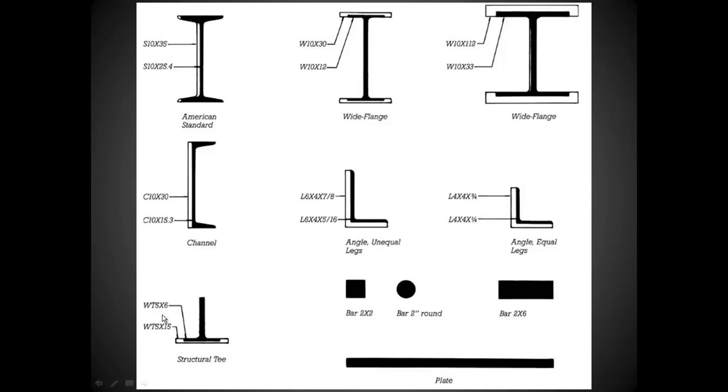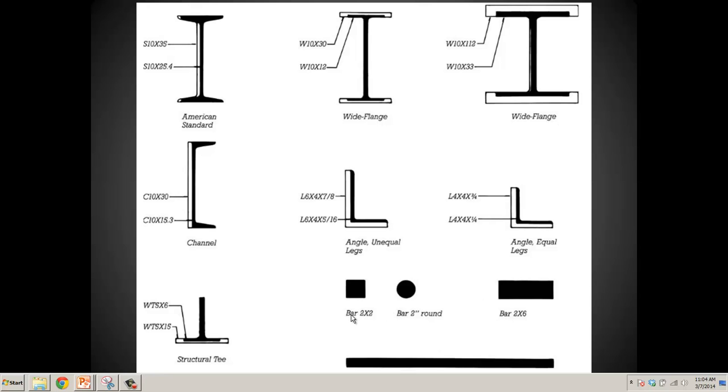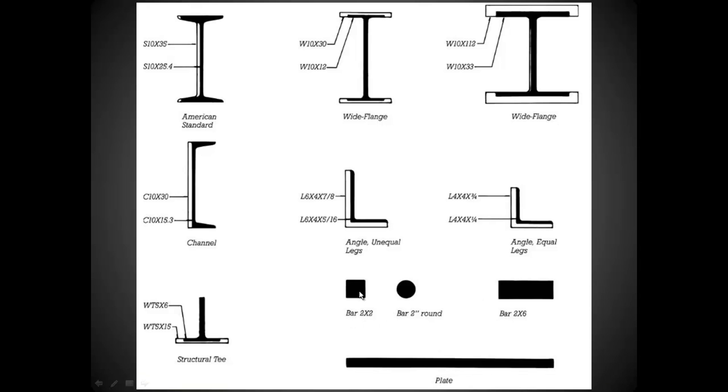Structural T, which is basically half of a wide flange beam, and you can see it has a WT designation. We have our basic plate steel, our bar steel, our round stock, and our bar stock. This would be square bar stock and rectangular bar stock.